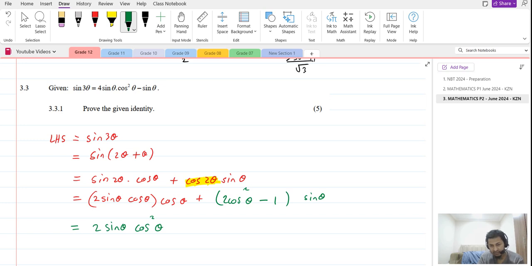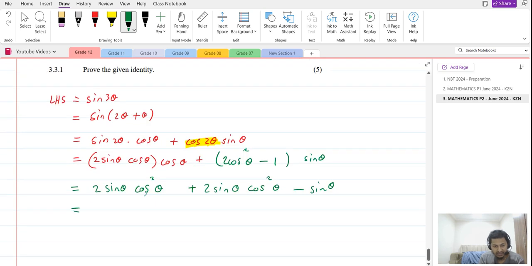Now if you expand this, you're going to get 2 sine theta cos squared theta minus sine theta, and there you have the same terms, like terms. So 2 sine theta cos squared theta plus 2 is 4 sine theta cos squared theta minus sine theta, which is equal to the right hand side.